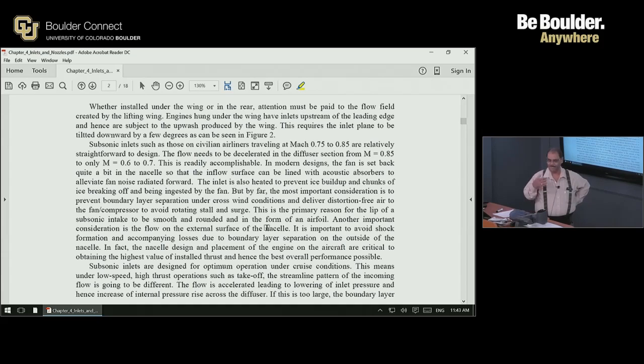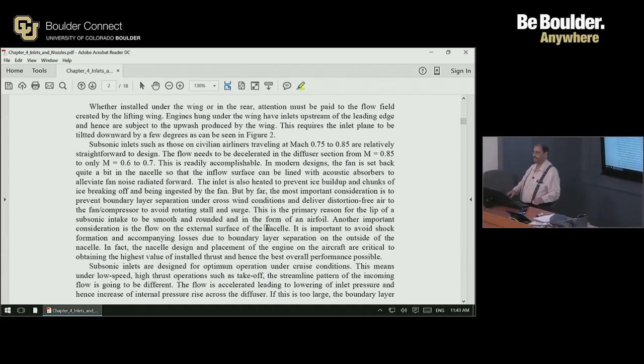But as far as the design is concerned, after you have built your aircraft, during the certification process, it is usually taken to a runway somewhere in the world where the crosswinds are really quite strong. So it has to be proven. The proper functioning of the engines has to be proven under strong crosswind conditions.